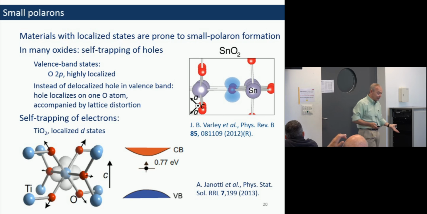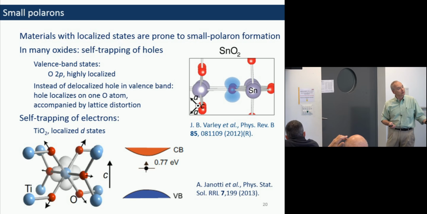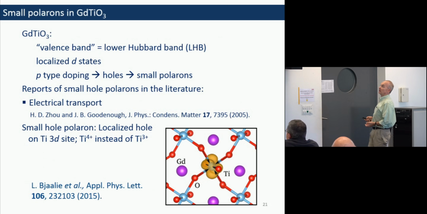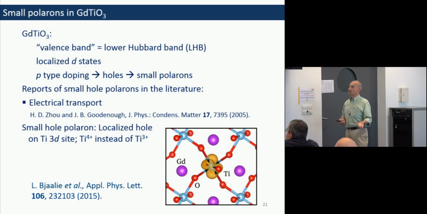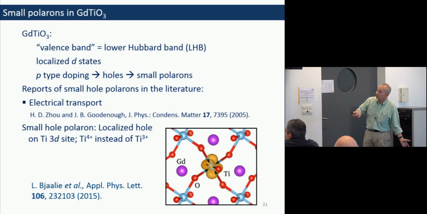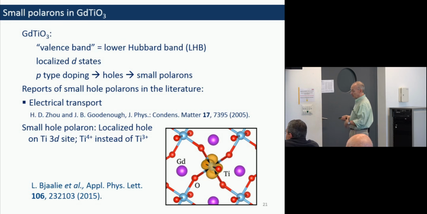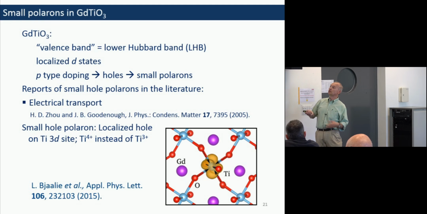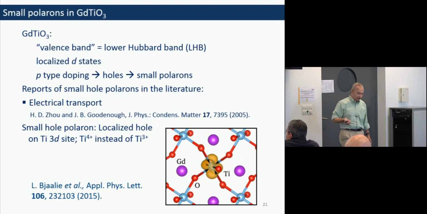And actually in gadolinium titanate, polarons form as well. So we started thinking about the consequences of having these polarons for excitation processes. Okay. So first of all, we verified that, yeah, these polarons are present. Actually, then we found out that experimentally, in work by the very famous John Goodenough, this had already been flagged as an issue for transport in gadolinium titanate and other rare earth titanates.